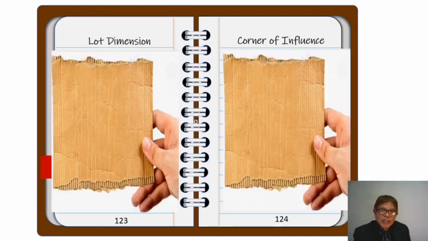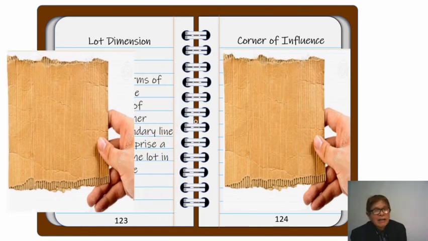Lot dimension. Lot dimension is usually in terms of length times width, but that is for regular lots, square or rectangular.